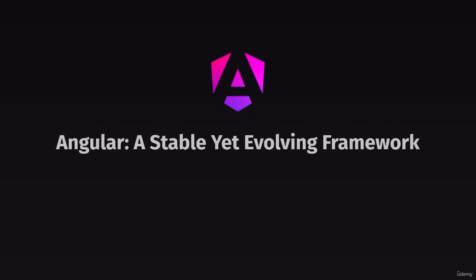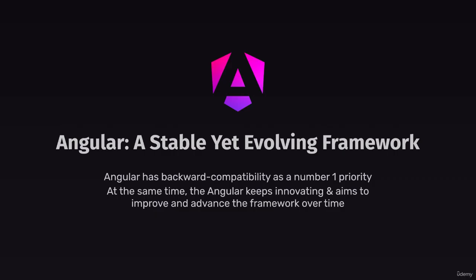So now that you have an idea of what Angular is and why you might want to use it, before we start writing Angular code, there's one important thing you need to know and understand about Angular, the framework. It is a framework that keeps on evolving and innovating, though it does that in a very stable and backward compatible way, which is also important because, of course, you don't want to relearn Angular every year or so.